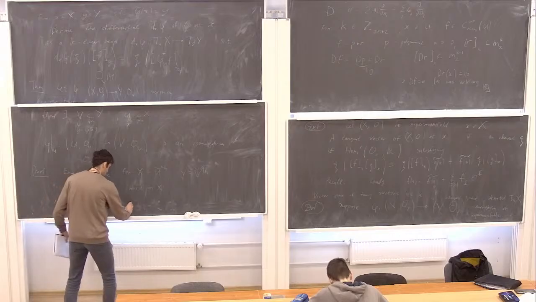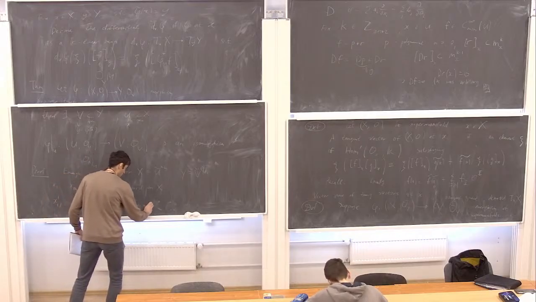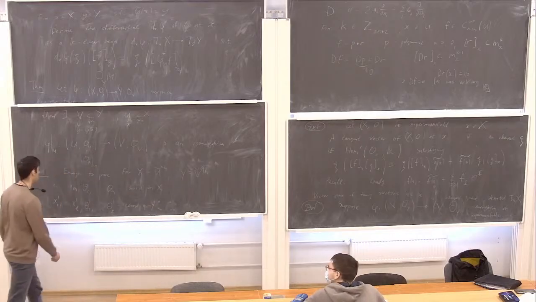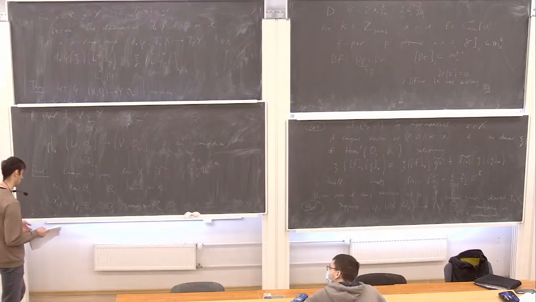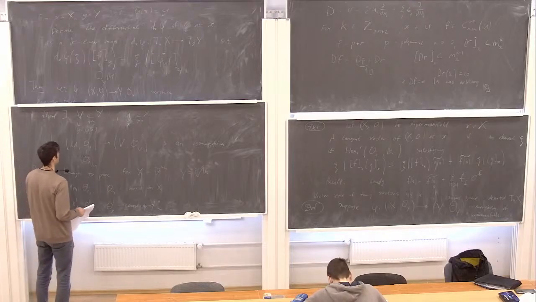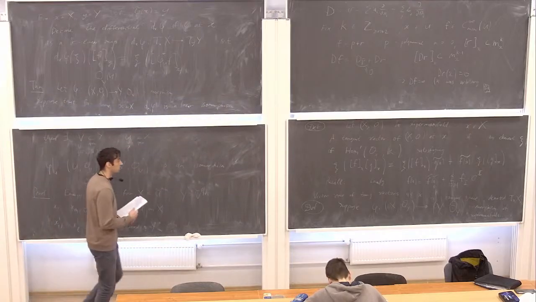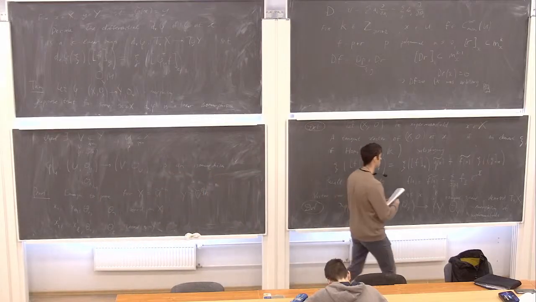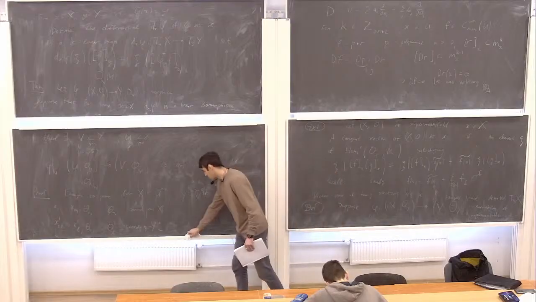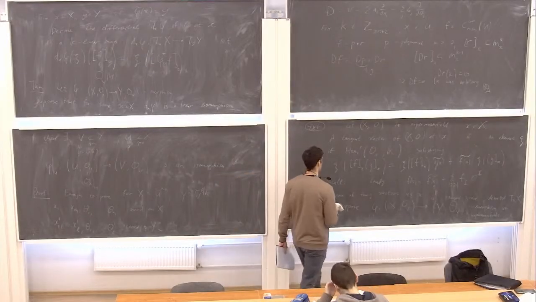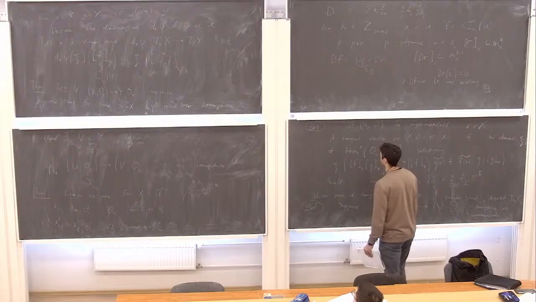So these are coordinates on Y. Once I have coordinates, I actually have a natural basis for the tangent spaces, which is d over dx_i's and d over dtheta_i's, but specified to a point.